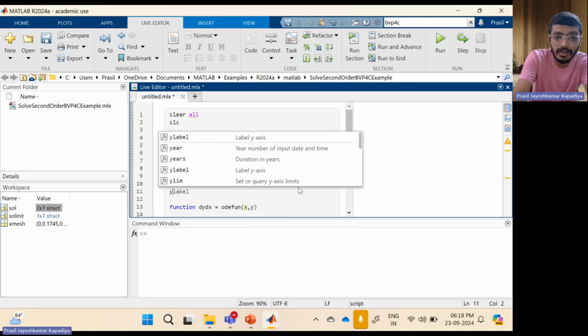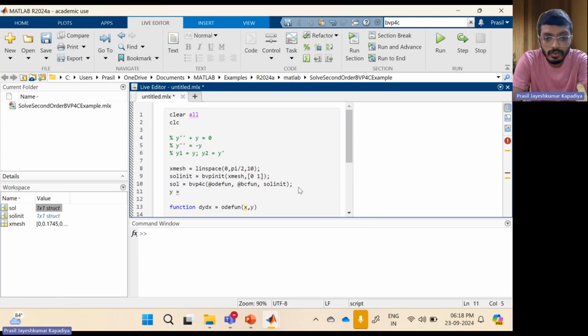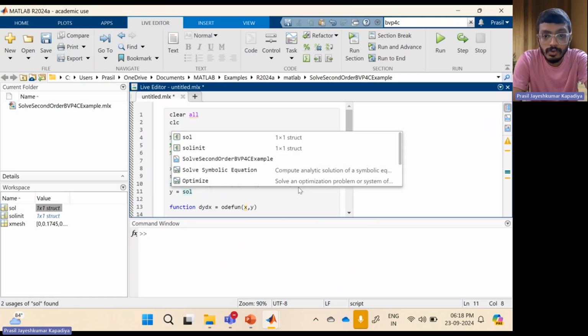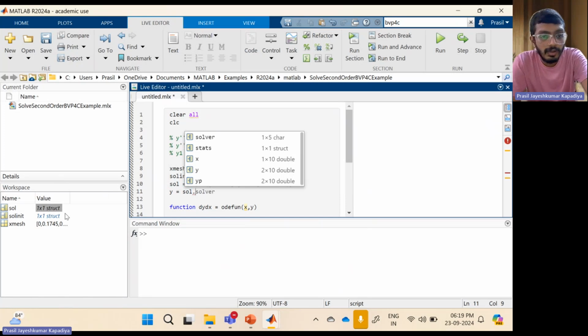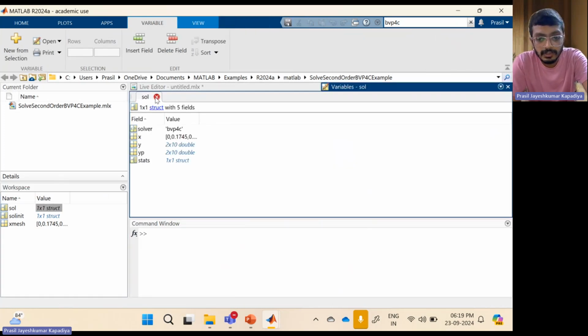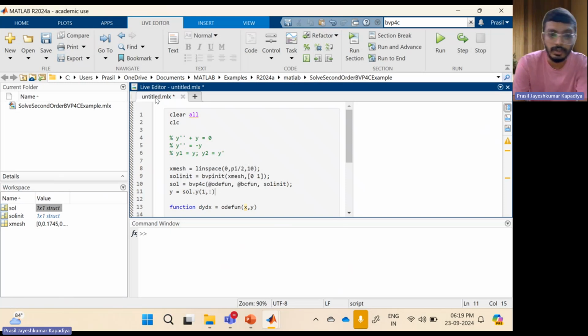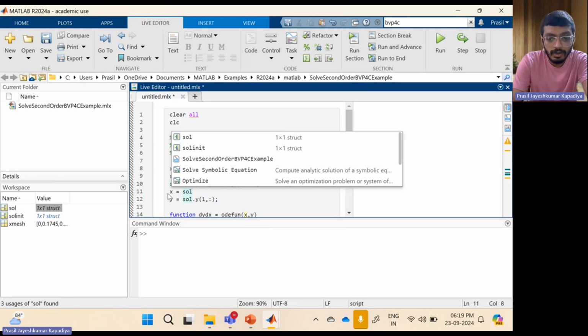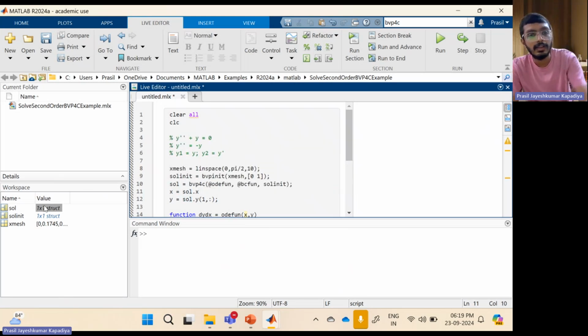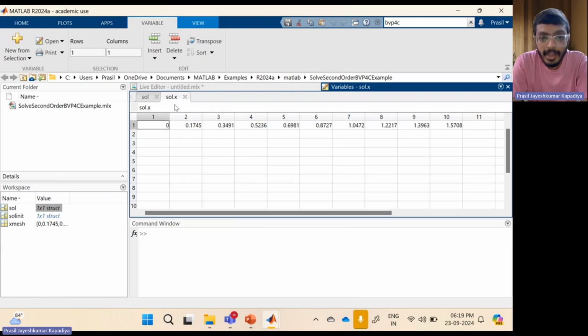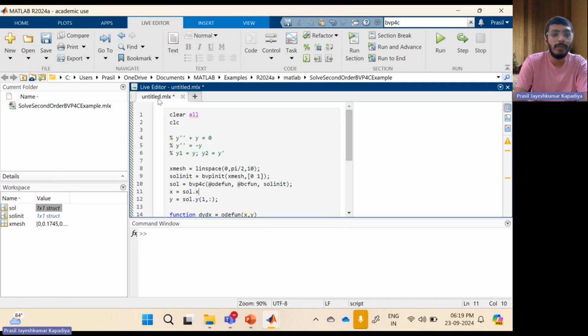Let's say my y is equal to sol dot y. What is the solution? First row and all columns. This is my solution. Okay, and what is my x? x is equal to sol dot x. We don't need to mention first row, second row, because it's just sol dot x. Okay, so we have x comma y.